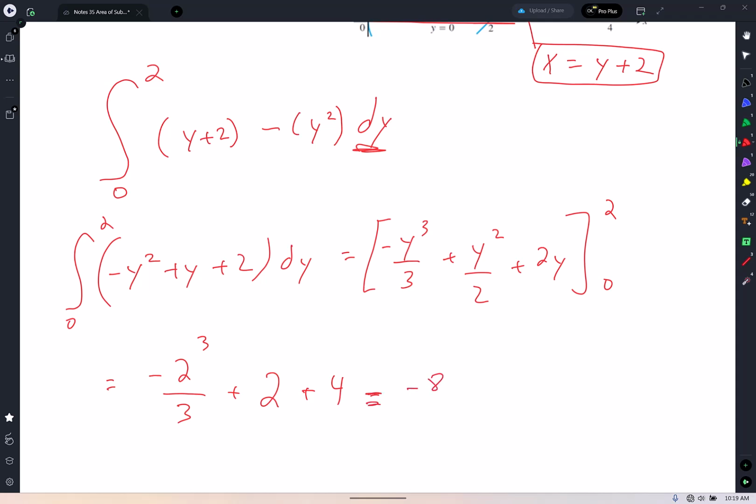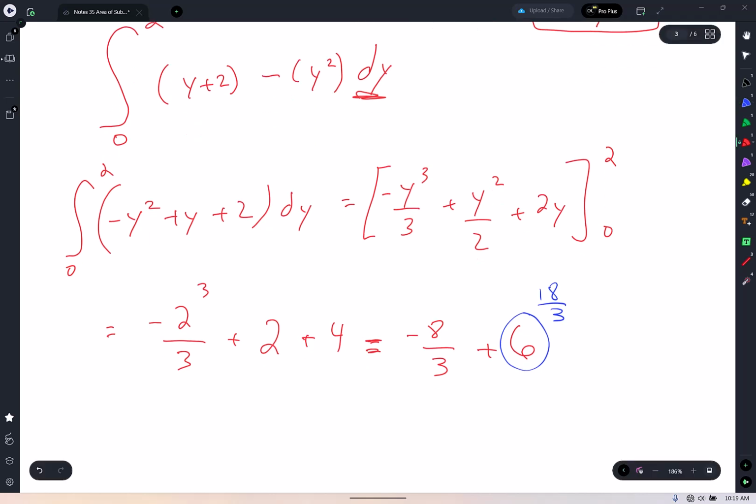Negative 8 thirds plus 6. OMG, guys, look, we got the same thing. 6 times 3 is 18. So 18 over 3, that's what that is. Get a common denominator. And then look, negative 8 plus 18, 10. The areas better match because all of the areas are the same.